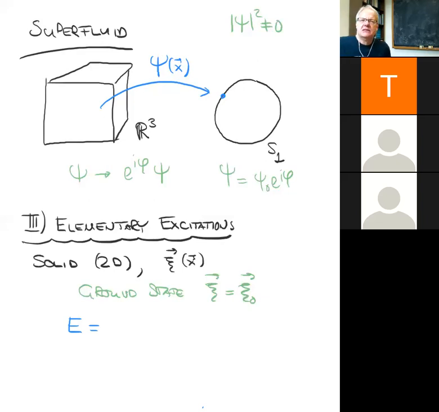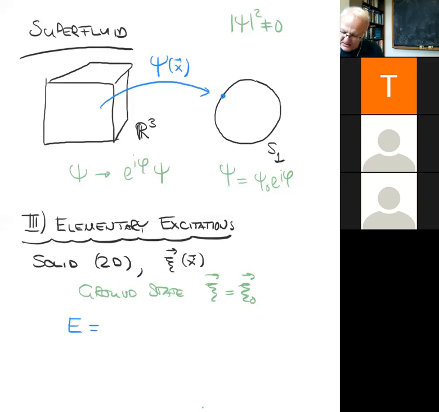What that means is that the energy of that state cannot depend on the absolute magnitude of psi, because any of these is a perfectly good ground state. It can only depend on gradients of psi, because it's not in the ground state if the position of the atoms relative to the lattice varies from place to place.